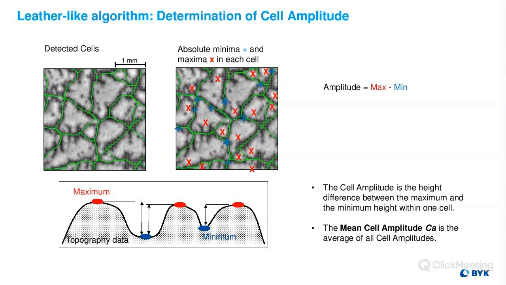If you take the difference between the two, the maximum minus the minimum, you get the cell amplitude. So it's calculating the difference between all the highest local points and the nearest neighboring minimum points, and then averaging it to arrive at the mean cell amplitude, CA.